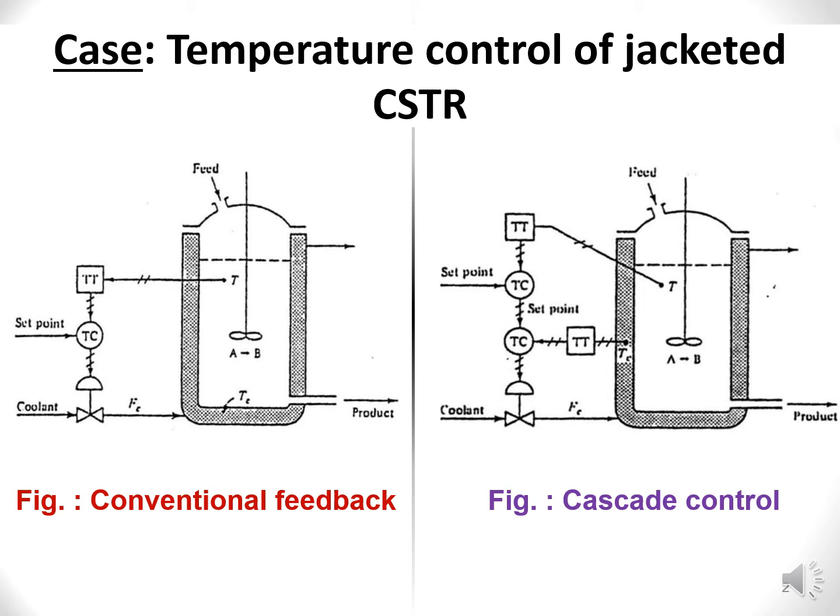Okay. In this example, if you can see, we have the normal conventional control method, and then we have the cascade control strategy. In the normal conventional control strategy, if you want to control the temperature of this jacketed CSTR reactor, normally we will be manipulating the coolant flow rate into the jacket.